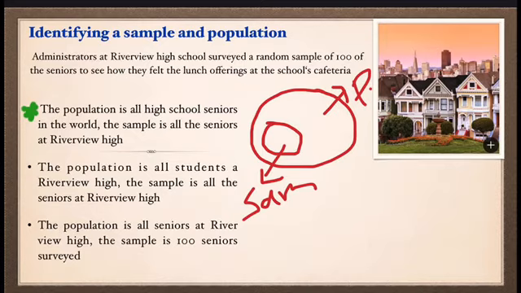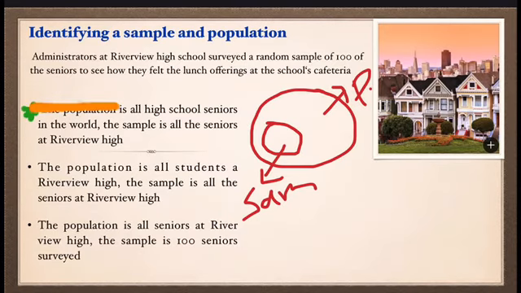It says the population is the seniors in the world. Are we just talking about seniors in the world? No, obviously not. Here the population is only the seniors from River High School, not all the world. So let's eliminate this one, because it is not correct.